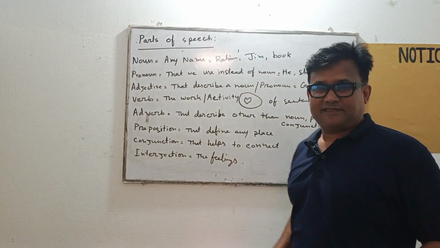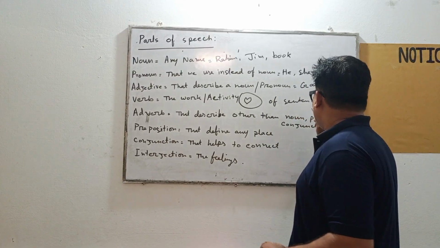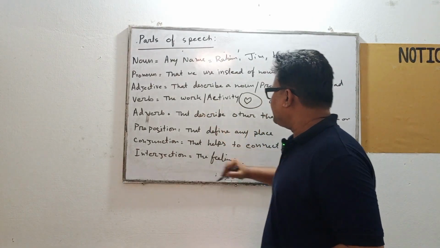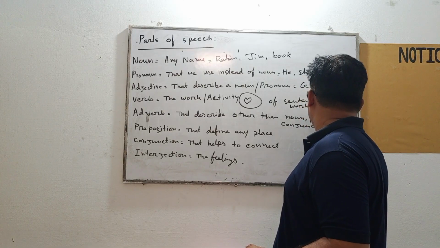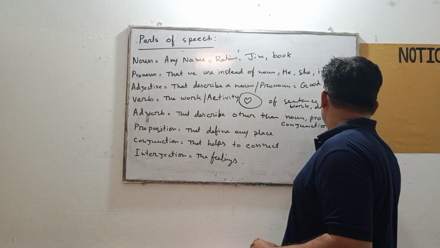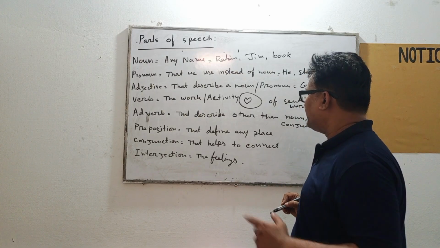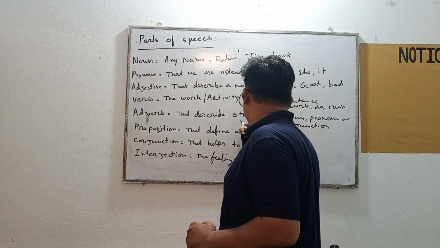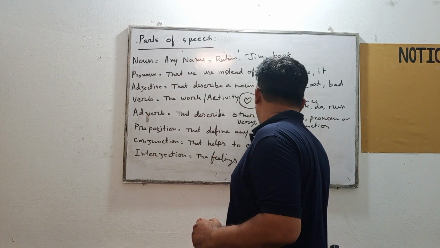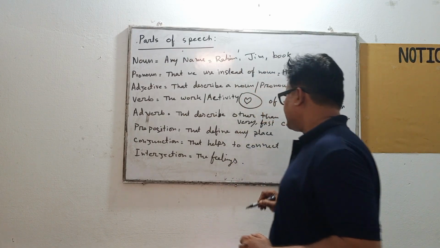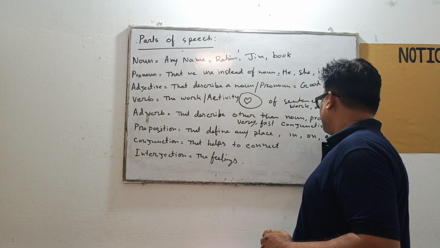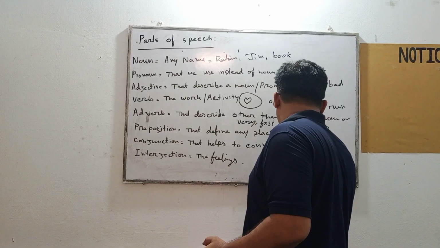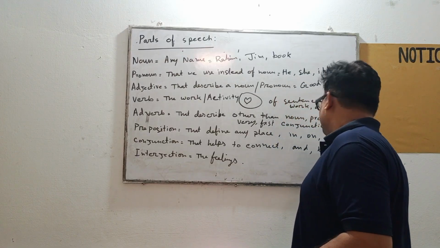And then interjection, the feelings. I just forgot to give an example for verb: work, do, run, etc. are examples of verb. Then adverb: adverb is very, fast, etc. Then preposition: prepositions are in, on, off, etc. Conjunction connects: and, but.